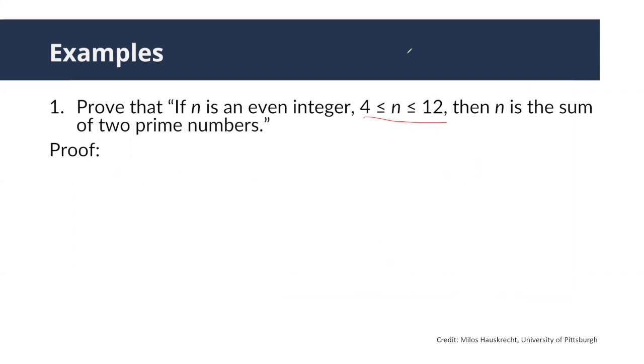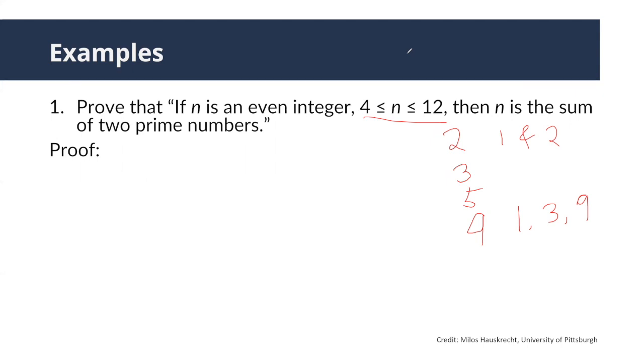The definition is a number is prime if it has only two factors, 1 and itself. For example, 2 is prime because it has only 1 and 2 as factors. 3 is prime, 5 is prime, but 9 is not prime because 9 has 3 factors.